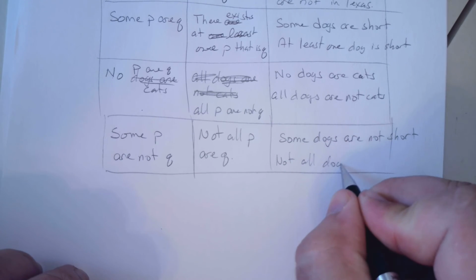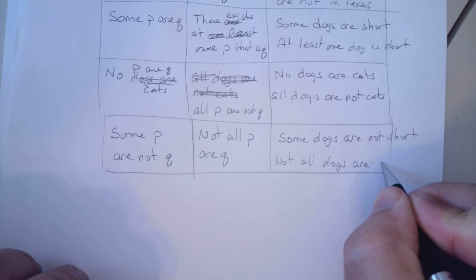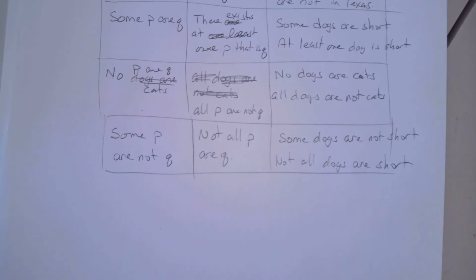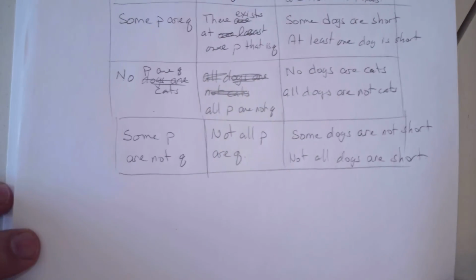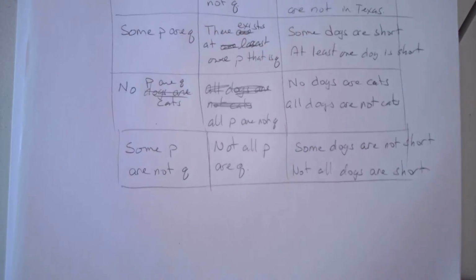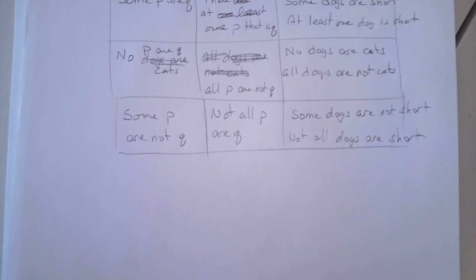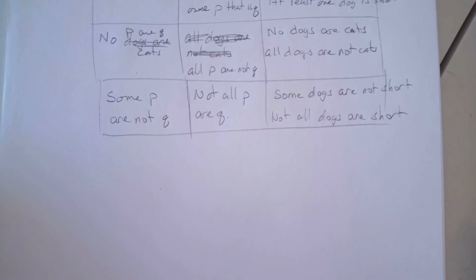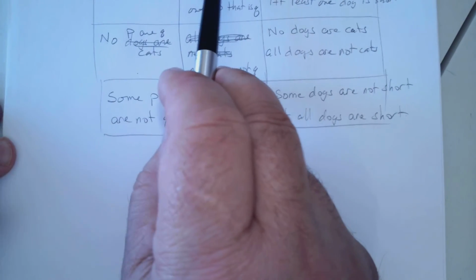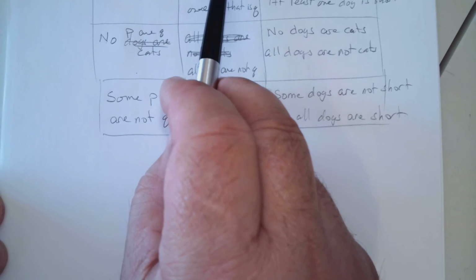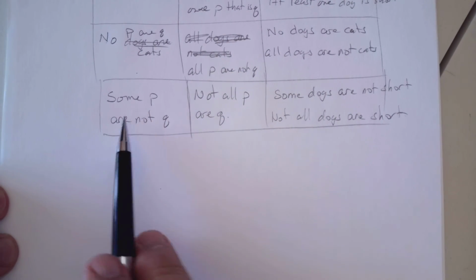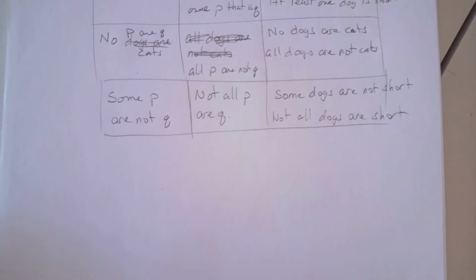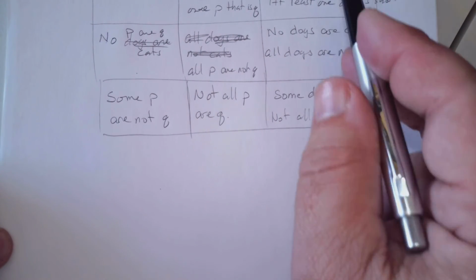Not all dogs are short. So keep this table to access because you'll need it when we start doing the homework. These are just the statements and the equivalent negation statements. Here's a statement, here's an equivalent statement. They have the same truth tables, as we'll do later, but here are examples of them.